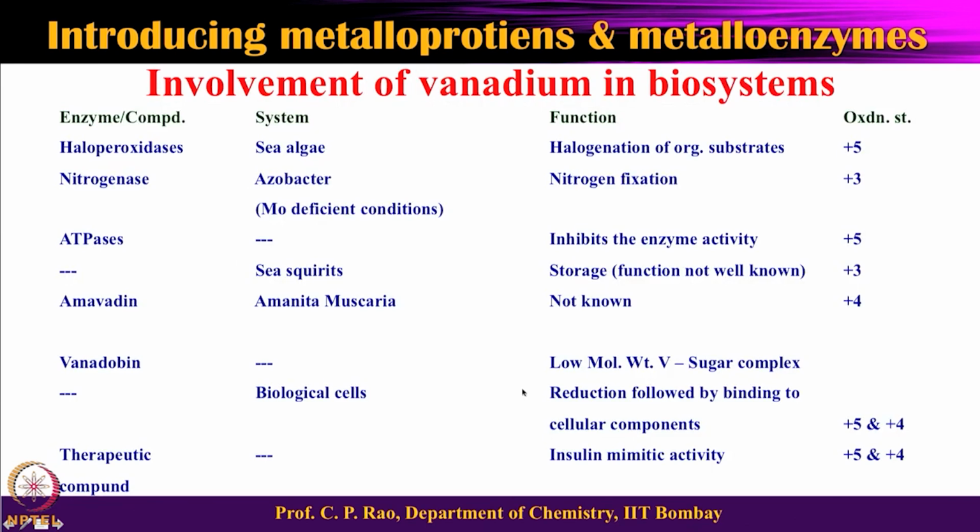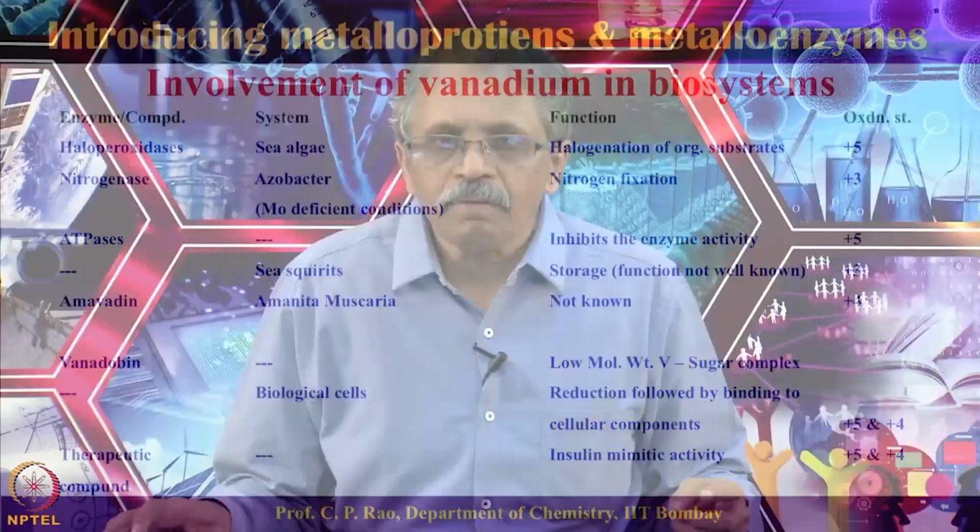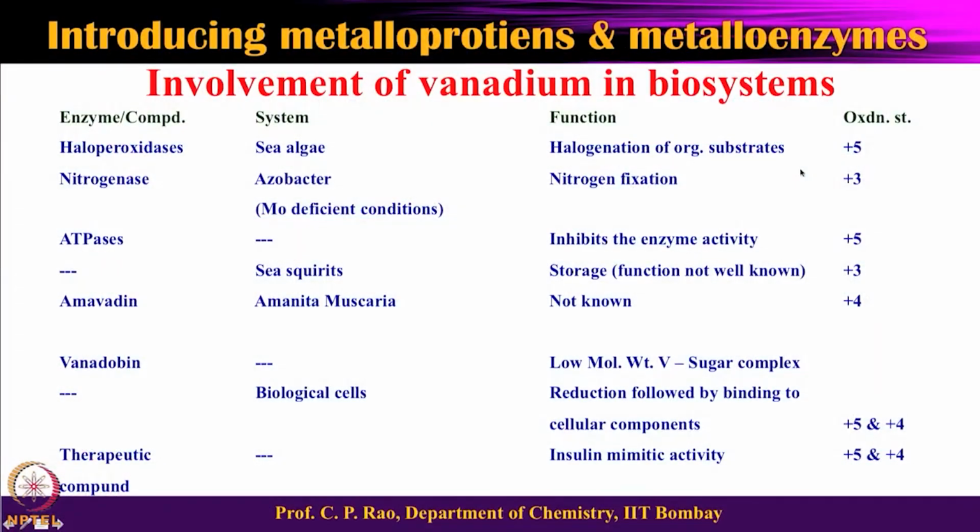Okay, coming to the first system, which is the vanadium. Vanadium, as we know, can have oxidation states from -1 to +5 in the chemical systems, but the oxidation states which are very important or are possible in the biological systems are +5, +4, +3.